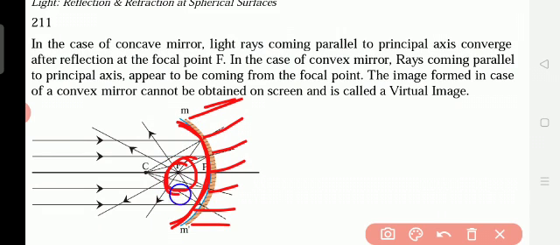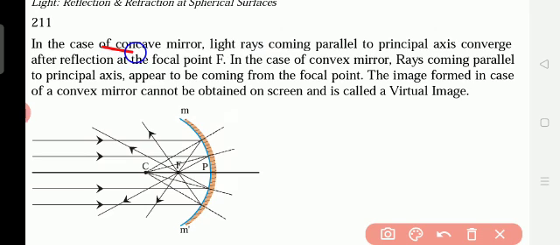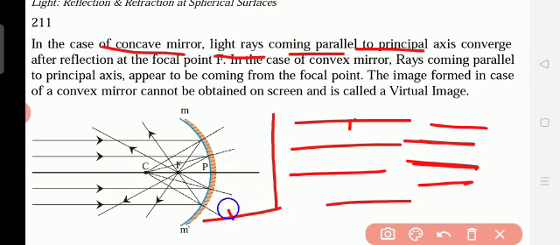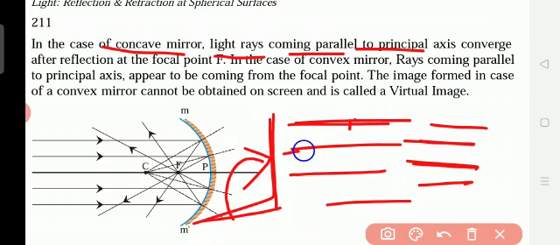Okay, so here when we see, this is the concave mirror, these lines will always show the back side of the mirror. So in this concave mirror, where the light is falling, where the image is forming, it is called the focal point. In case of a concave mirror, light rays come parallel to the principal axis.